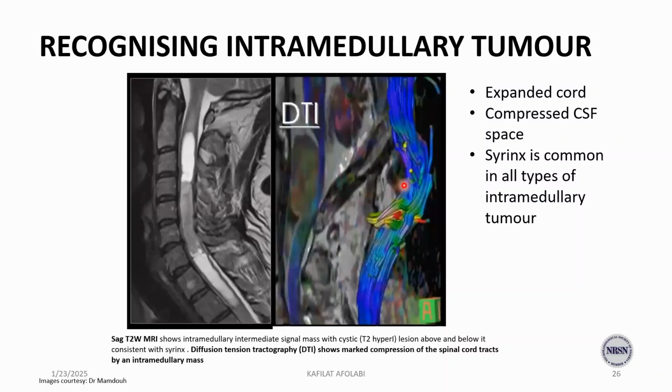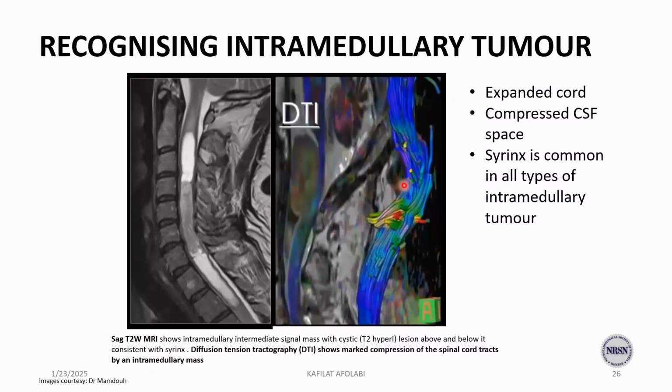But unfortunately, even diffusion tensor imaging is unable to classically differentiate these, because irrespective of what it shows on diffusion tensor imaging, it could still be one or the other.